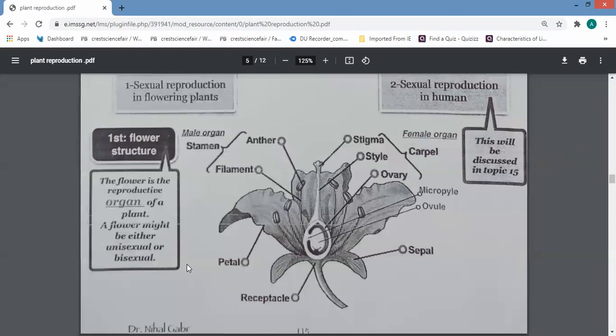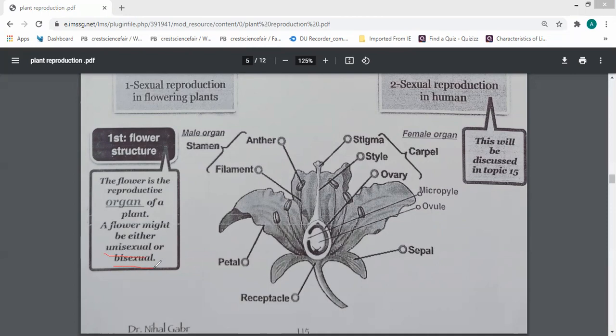The sexual reproduction in plants requires the presence of a flower. The flower is the sexual organ in the flowering plant. The flower may be unisexual, or may be bisexual. What's the difference between unisexual and bisexual, or hermaphrodite?